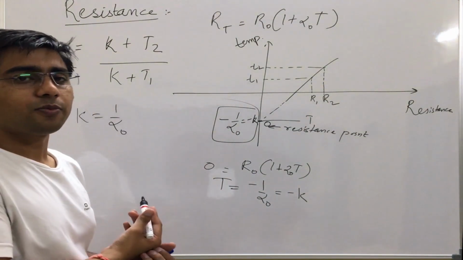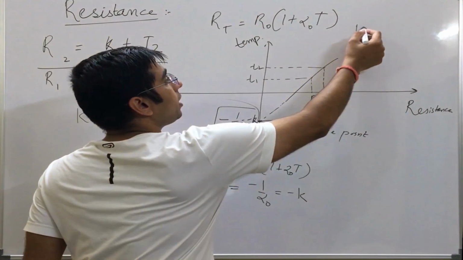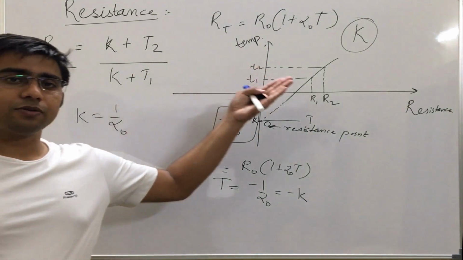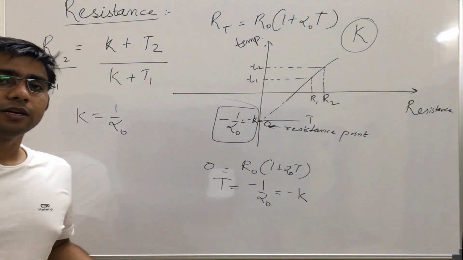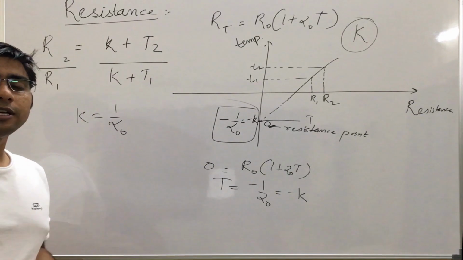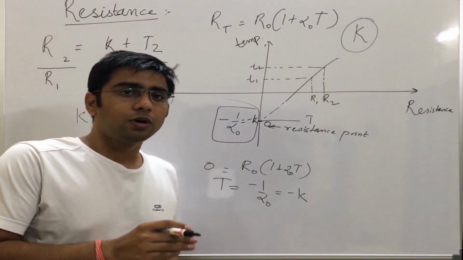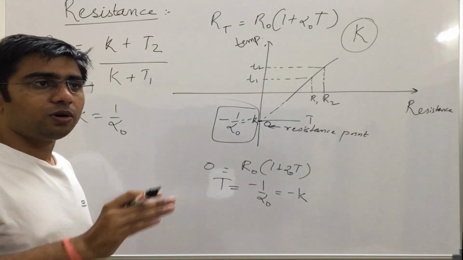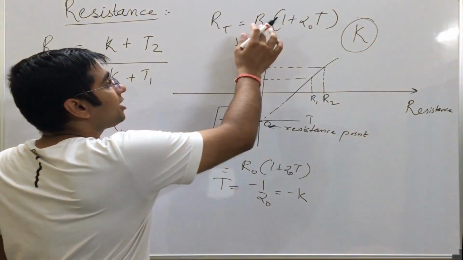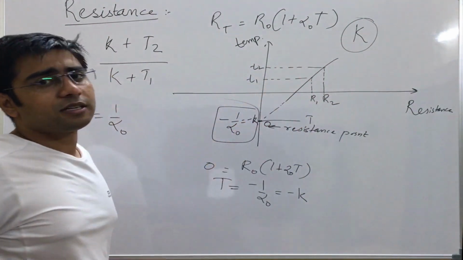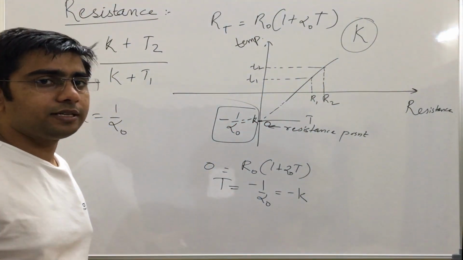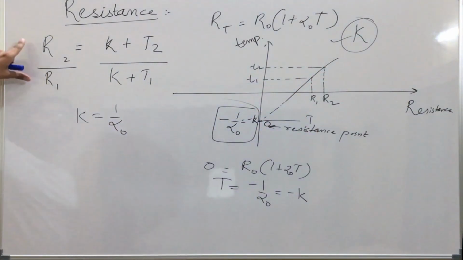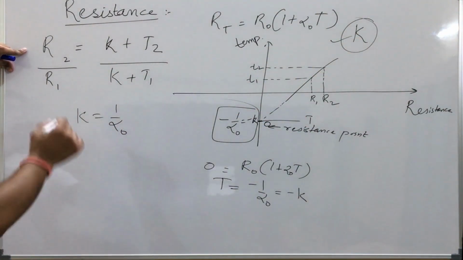Usually the manufacturer provides us with this value K, and by using those tables we can determine the resistance at different temperatures, even if I don't know other factors. The only condition is that I should know the resistance at a reference temperature, let us say 20 degrees Celsius or 0 degrees Celsius, and I am given this K. I can find R2 at any temperature using this formula.